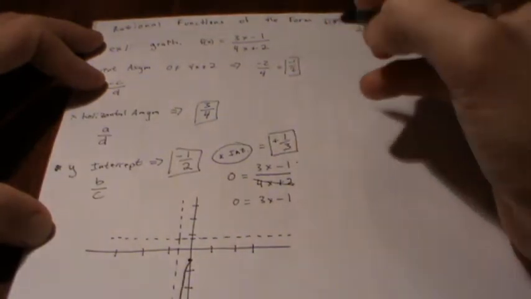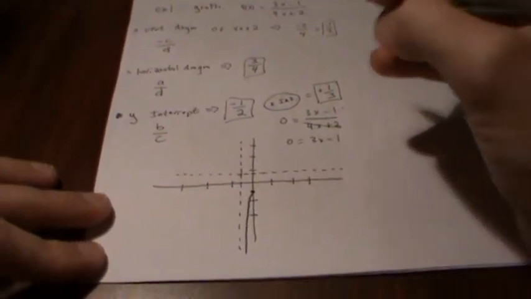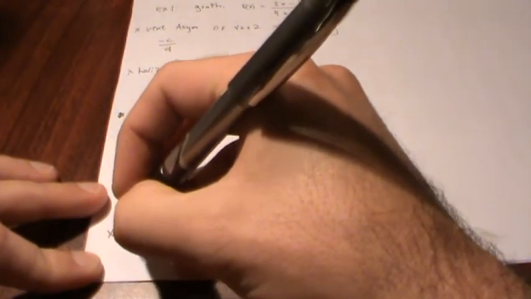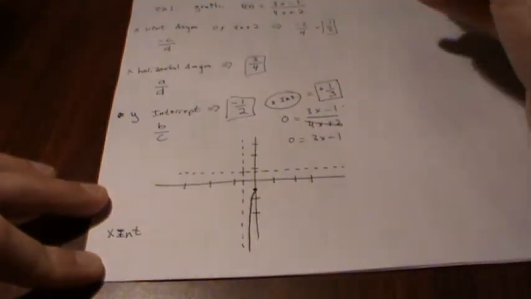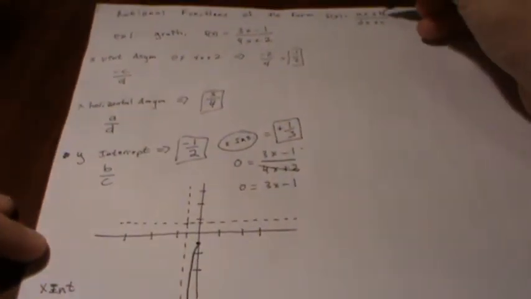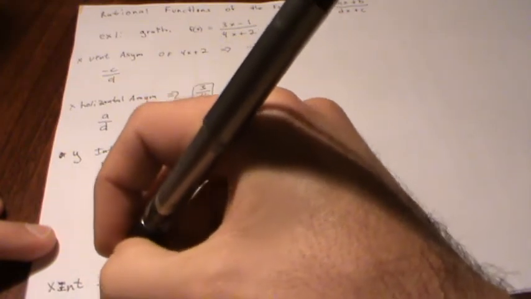Okay? And so that actually makes me think of another equation. The x-intercept is actually always going to be a negative b divided by a. A negative b divided by a.